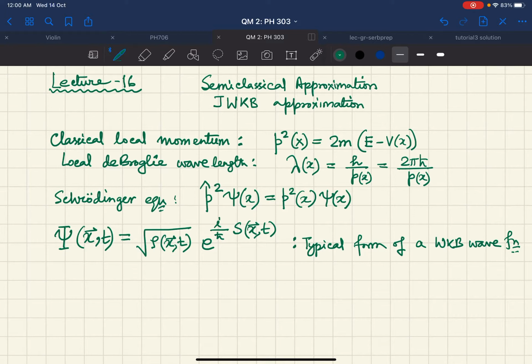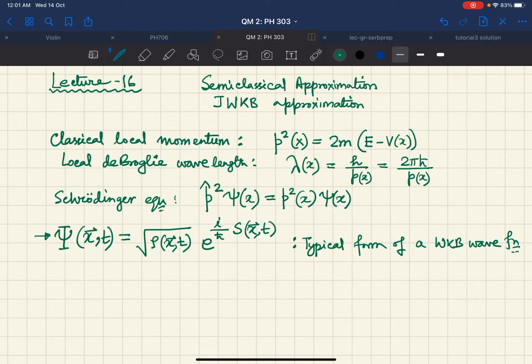And you can actually see from this expression itself that the norm squared of psi gives rho, because if you take psi star psi, then it only gives us rho, because the phase part e to the power i by h bar S cancels when you take the complex conjugate and multiply with psi.